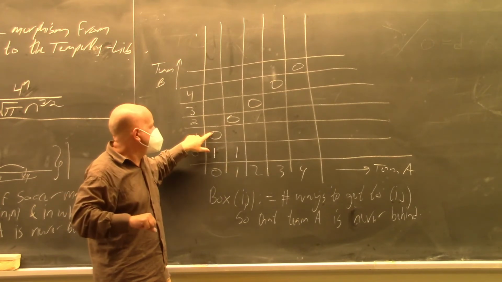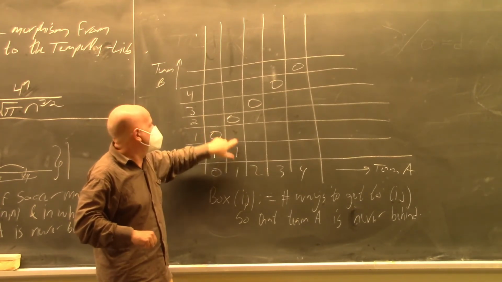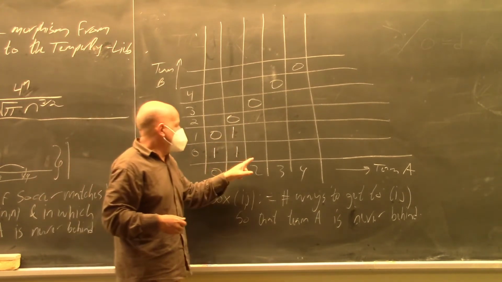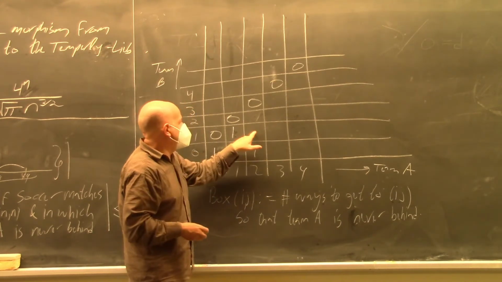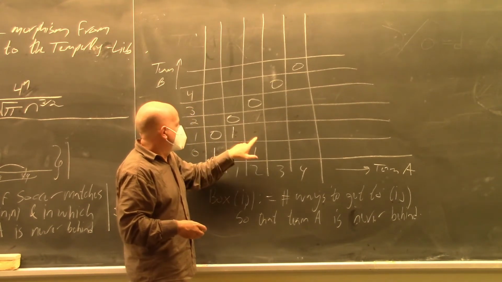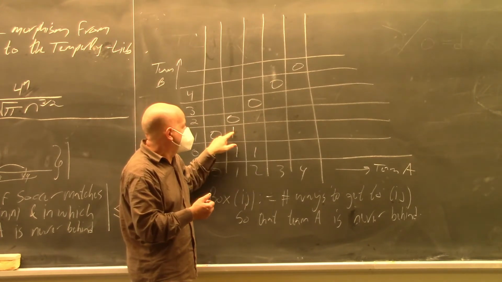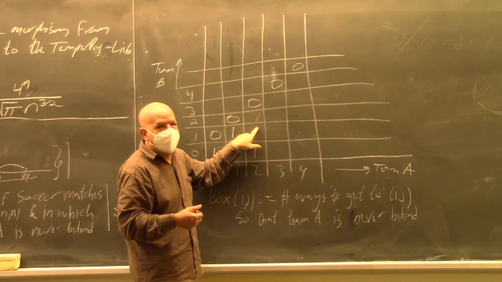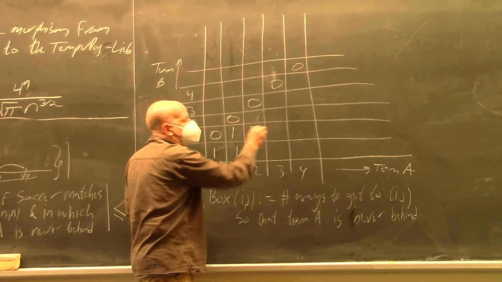There are 0 ways to come from here, 1 way to come from here, so there's 1 way. How many ways to get to the score 2, 0? Well, that's still 1. How many ways to get to this score? I go to it either because team A scored or because team B scored. There is 1 way in which team A scored, so basically 2.